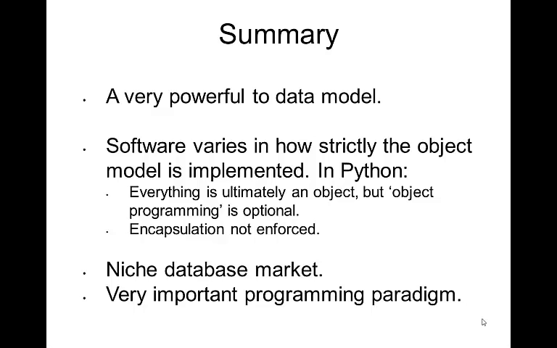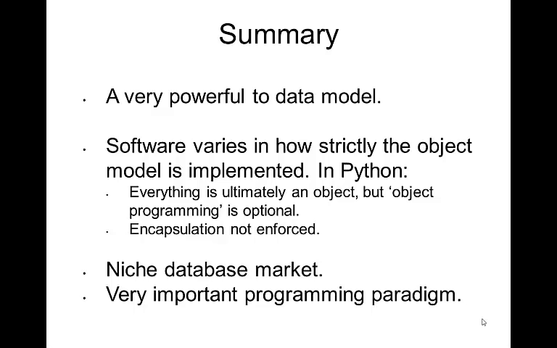As we've seen, software varies greatly in how strictly the object model is implemented. So in Python, if you look inside Python right in its core, everything in Python is an object. But yet you can program, this is almost like a contradiction in terms, it makes my brain hurt.